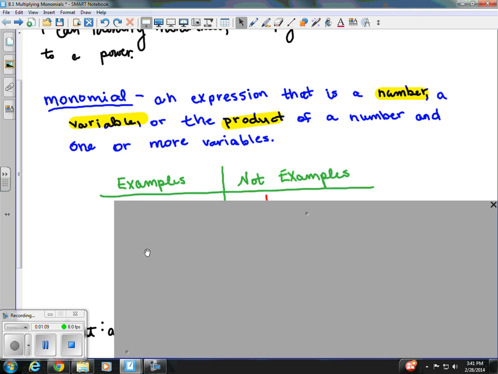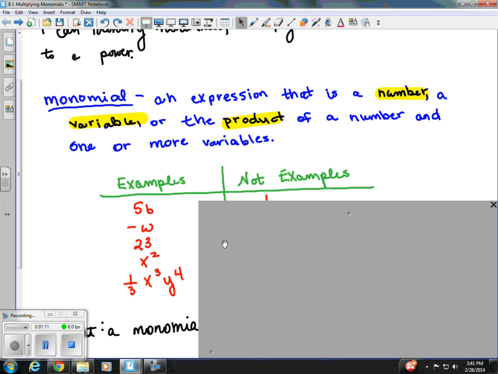So the first thing we have is the examples that are monomials. The first one is 5b, because it's a number and a variable side by side, meaning they're being multiplied, so it's the product. Our next one is negative w. Remember, there's a 1 there too, so it's negative 1 and w side by side, meaning they're being multiplied. And also, if you leave off the 1, you can have just a negative variable.